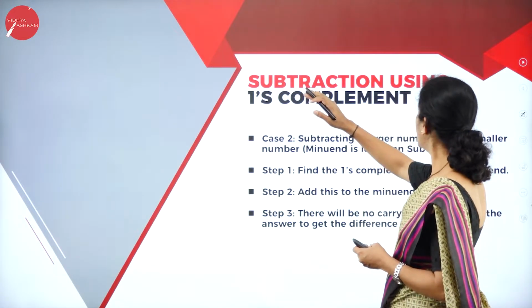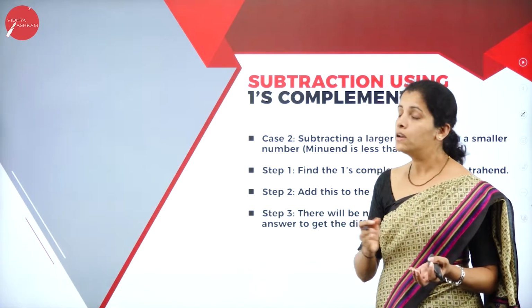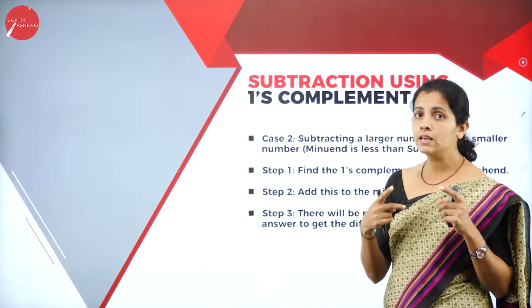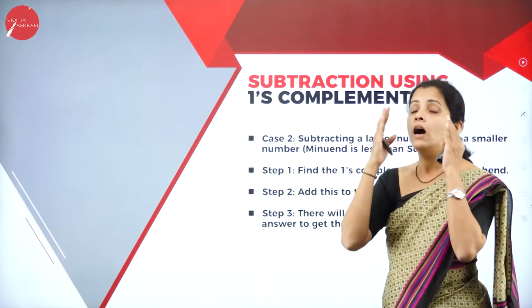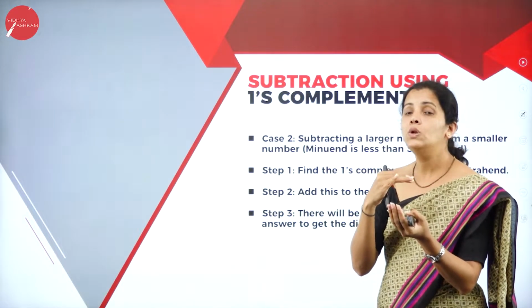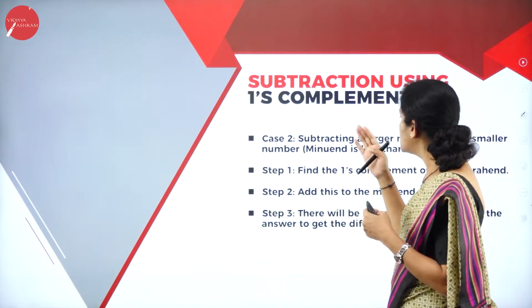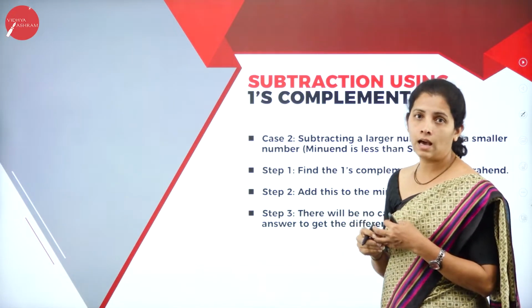Then subtraction using ones complement. Once again, I'm having the second case. What is my first case? I'm going to subtract the lower number from the higher number. That means subtracting a smaller number from larger number.